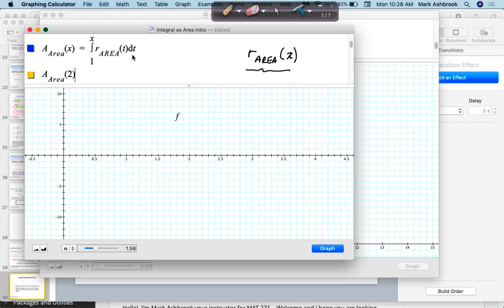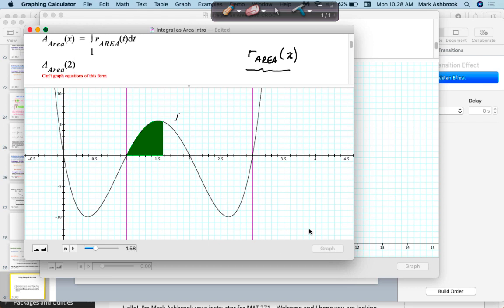Okay, so how are we going to do this? How are we going to figure out what the rate of change of area is? Like we did before, we're going to start with the most basic case. What's the most basic case of the function?